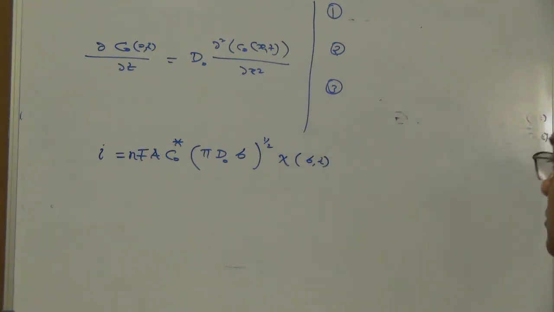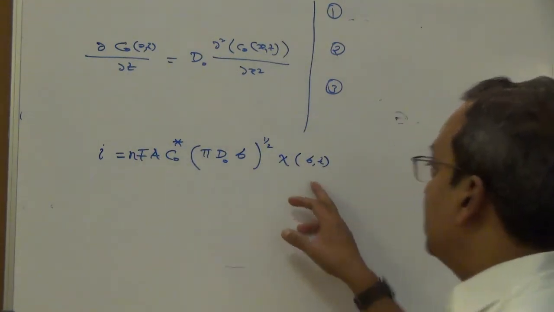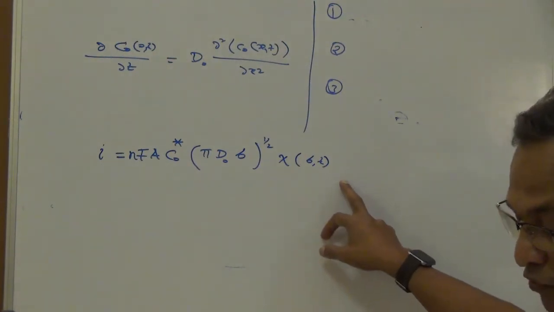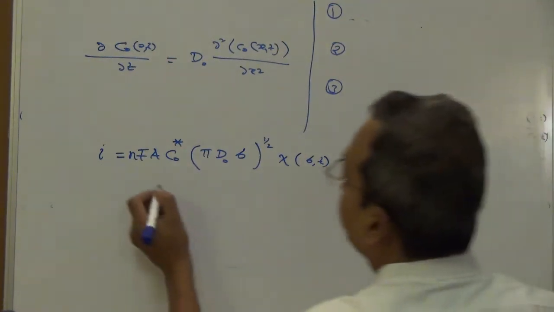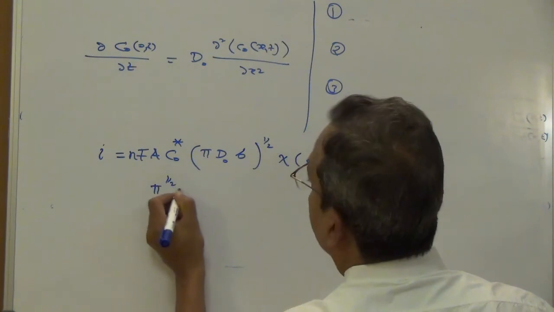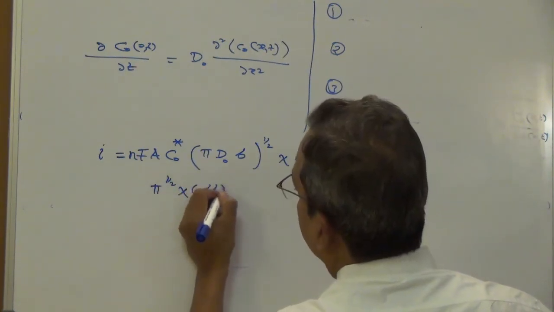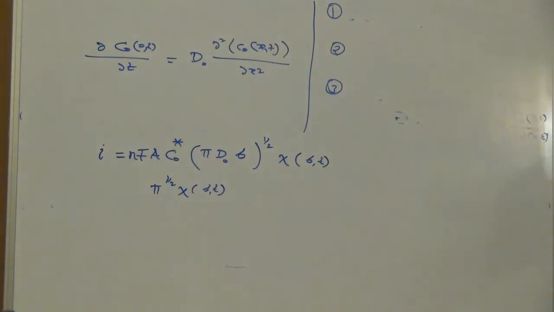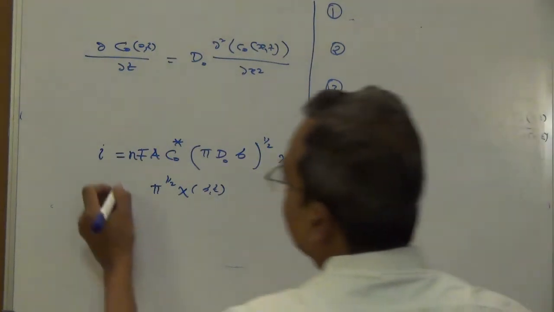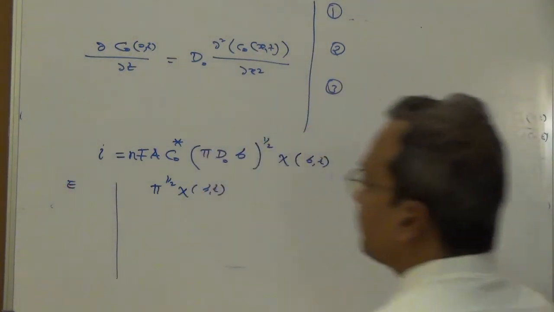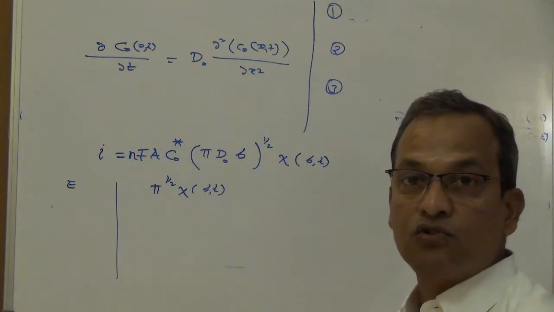So this is how current will change with some dimensionless quantity, like pi raised to half chi sigma t. People have made a table out of it, showing how this function will change with the potential, and now we have a table to solve this.